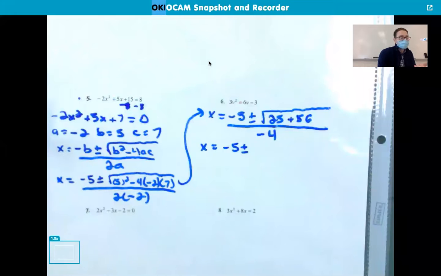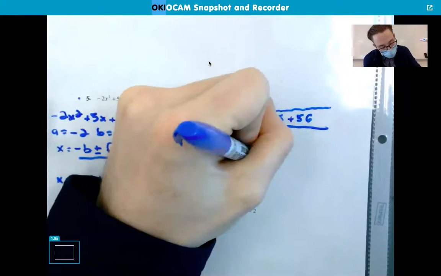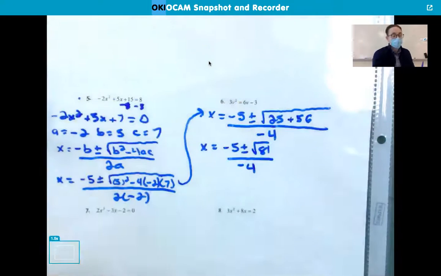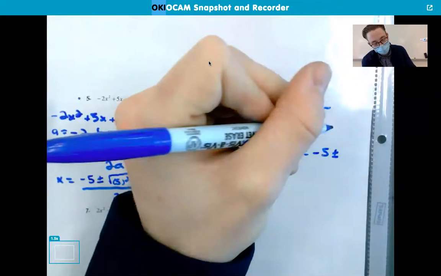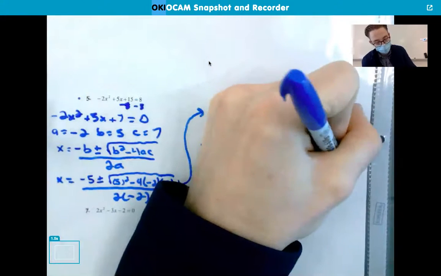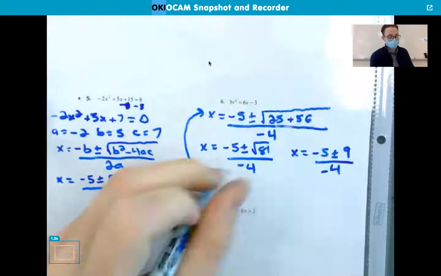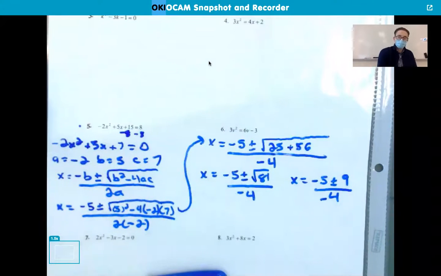What's 25 plus 56? 81. And what's the square root of 81? 9. Give everybody a second to catch up here.